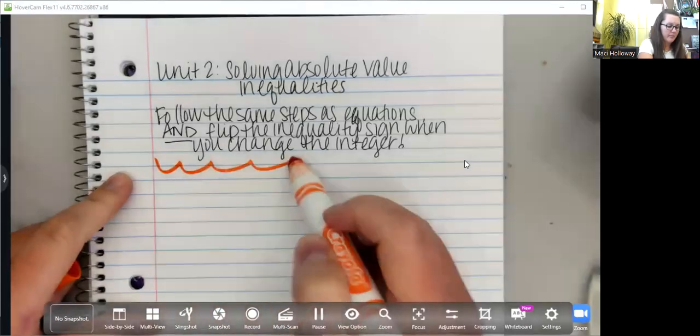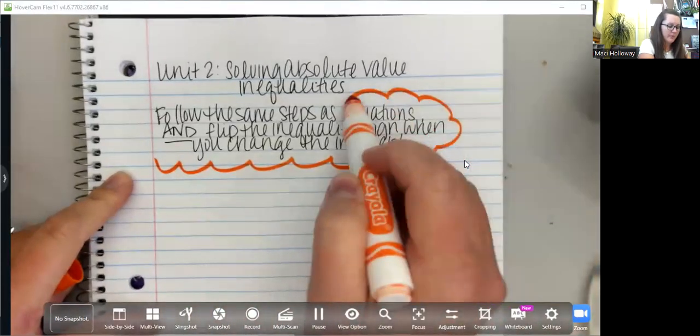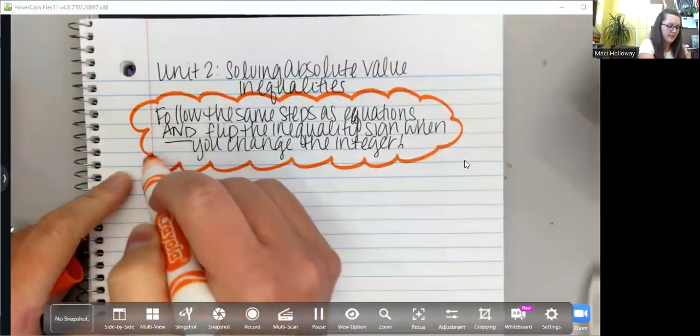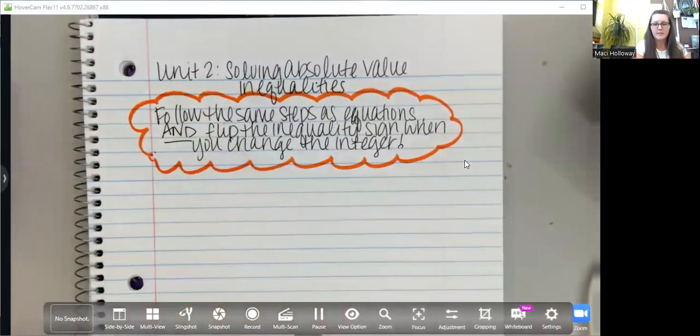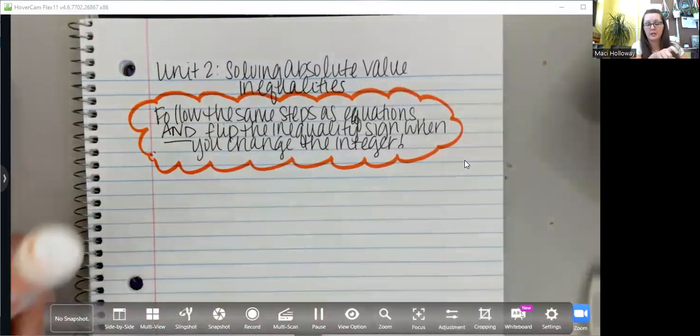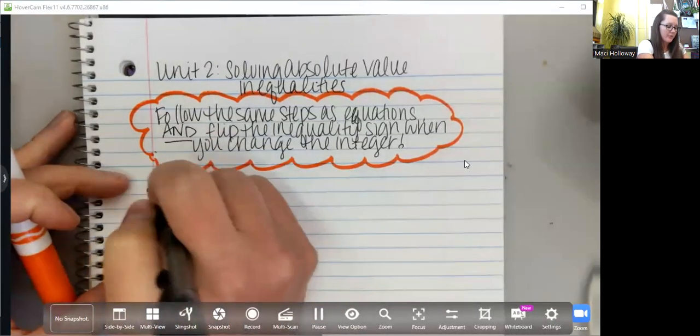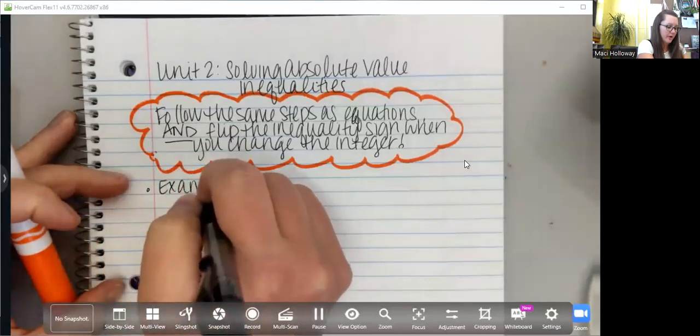Great. I'm going to put a little bubble around here so you know that it's not anything different. It is the same as solving the equations, except the only additional thing is flipping the inequality sign when you change the integer. So here's an example. We're just going to do a couple of examples and then you can try.